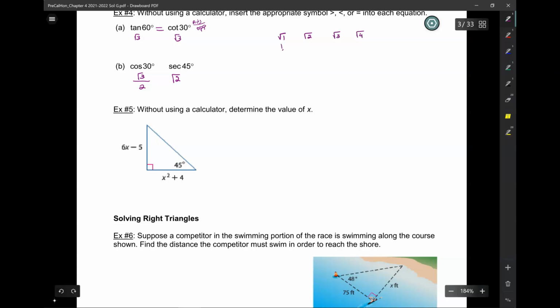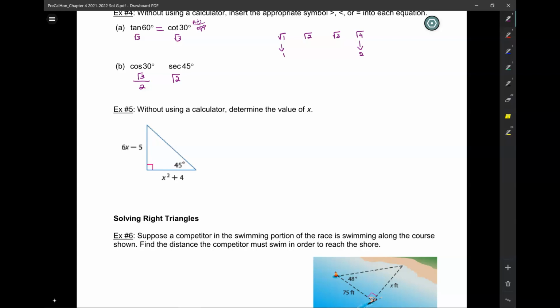Root 1 is 1. Root 4 is 2. That means root 2 and root 3 are between 1 and 2, right? And then root 3 is a little bit bigger. I don't care how much they are exactly. So now I'm comparing root 2 and root 3. Okay, so I know root 3 is a little bit bigger.